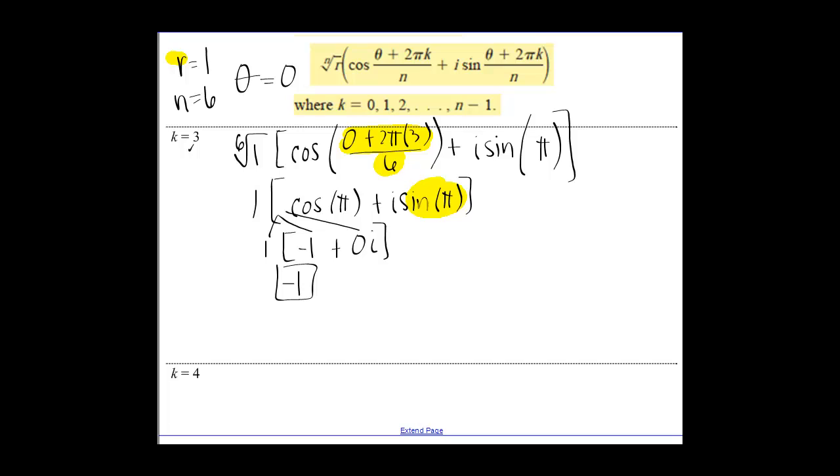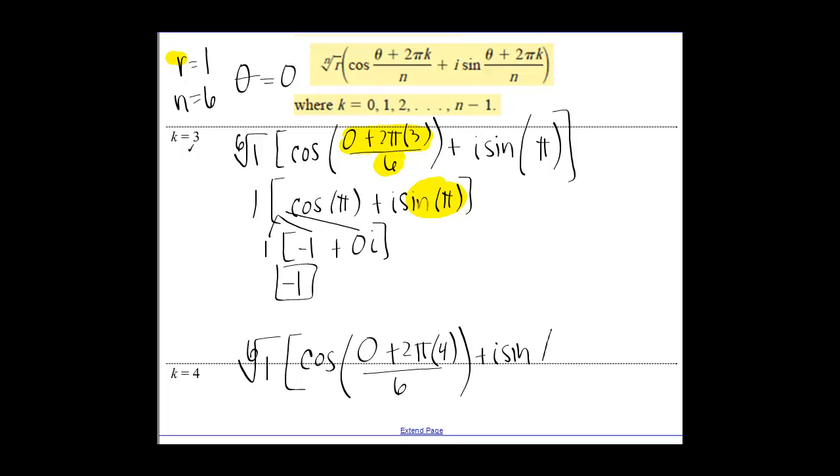So now on to k equals 4. So we still have the sixth root of 1 out front, times cosine, open parentheses, theta is 0 plus 2 pi, k is now 4, all over 6, plus I sine. Let's clean up this numerator.